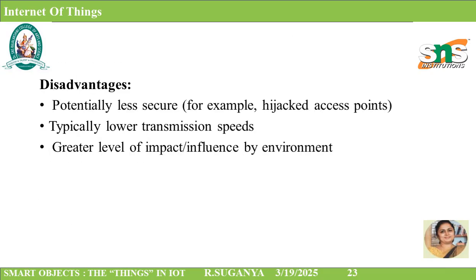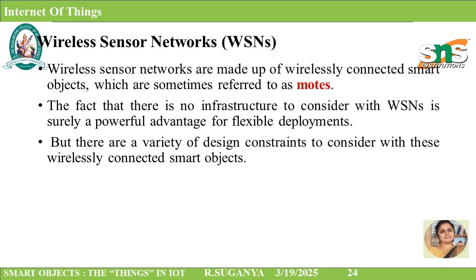and better equipment handling. And disadvantages: potentially less secure, and typically lower transmission speeds. Next, wireless sensor networks are made up of smart objects which are sometimes referred to as motes. Here it is very flexible.